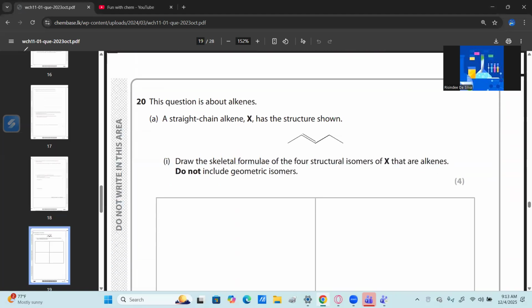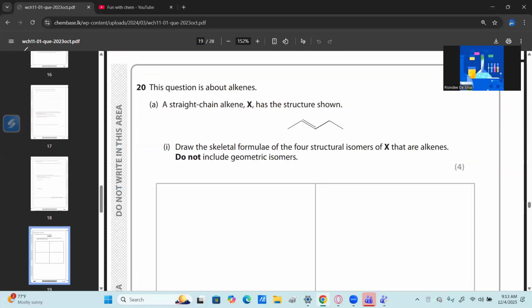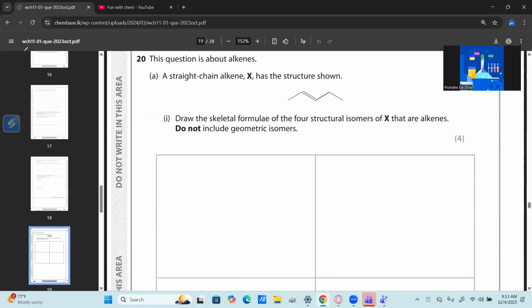Then the 20th one, a straight chain alkene has the structure shown. Draw the skeletal formula of the 4 structural isomers of X that are alkenes. Do not include geometric isomers. Okay. So you can draw the double bond here. 1, 2, 3, 4, 5.